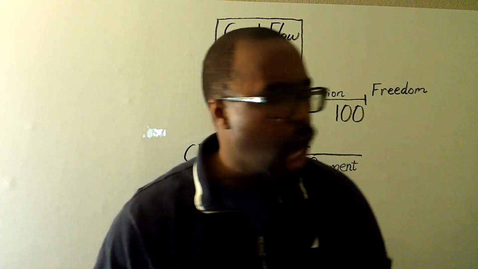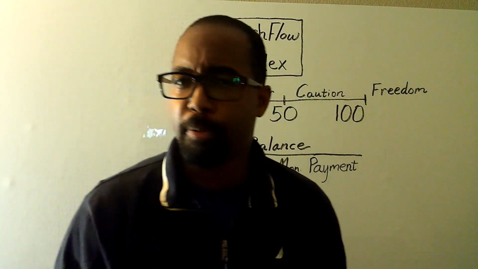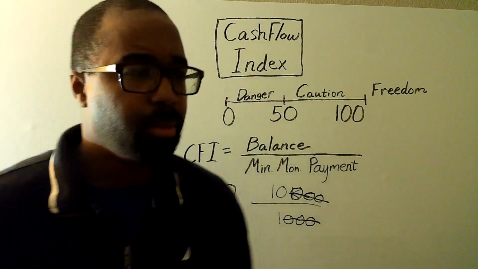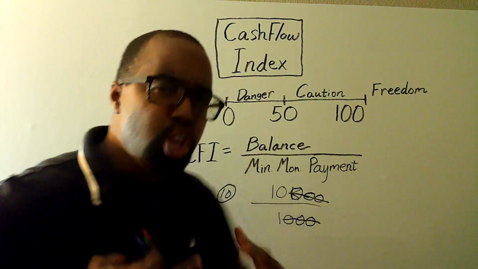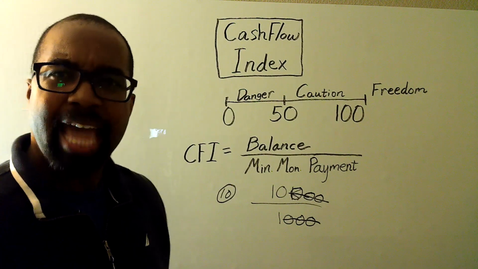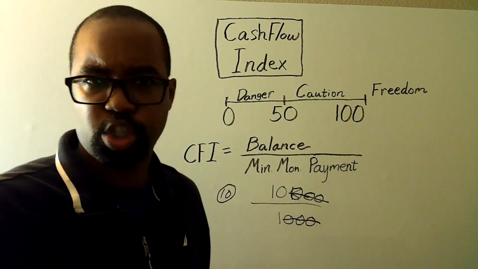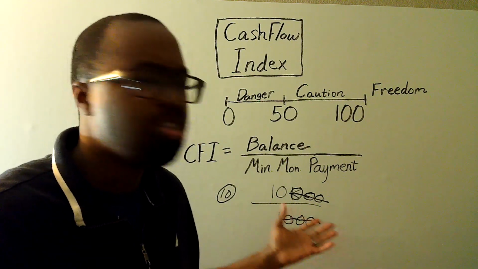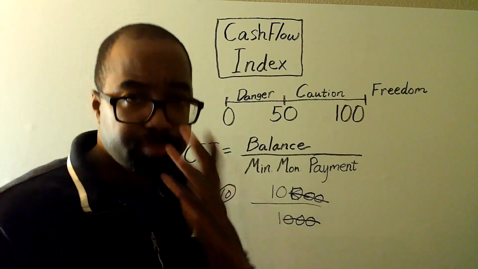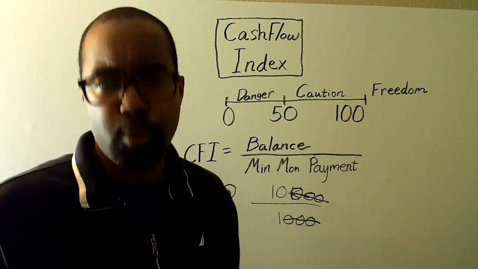This is regardless of how long it takes. Of course there are other factors that could play into this, but the bottom line is you're looking at your cash flow and asking which loan is draining the most cash flow. All this takes is a little bit of math, and if you're having trouble with this, don't worry, we have help for you.